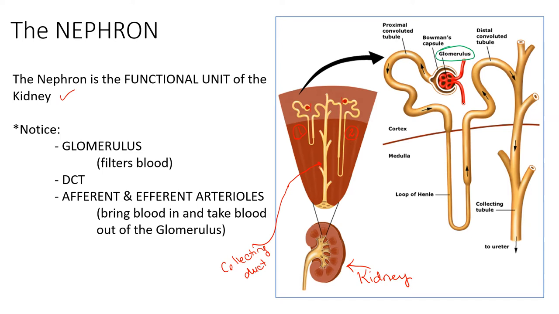And the blood, remember, kidneys filter blood. So the blood is going to leave this capillary bed right here. I hate to say capillary because we're not exchanging gases, but the pressure there is going to push a lot of the contents out of that glomerulus, and it is going to enter into this first section here.